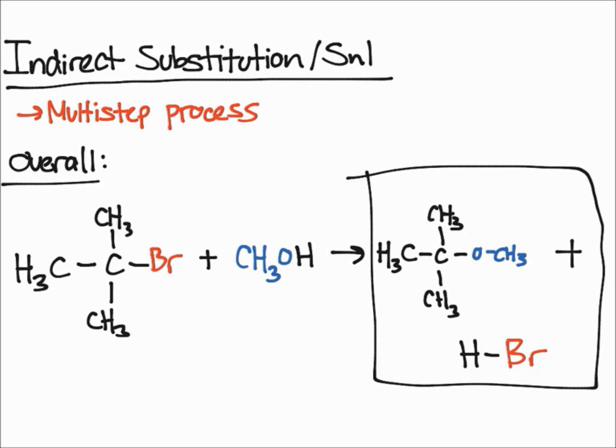Essentially, what happens is that these two groups switch places. That's the overall reaction. However, the overall reaction says nothing about the details, about what exactly happens. And so that's something we're going to talk about right now. I'm going to tell you exactly how this occurs.